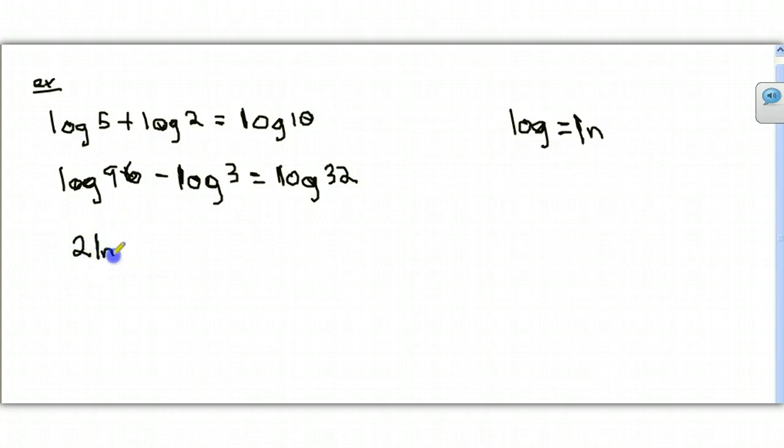So let's say we got this problem. This looks like a problem in the book. You got 2 ln x and you're subtracting 3 ln y. So 2 ln x minus 3 ln y.